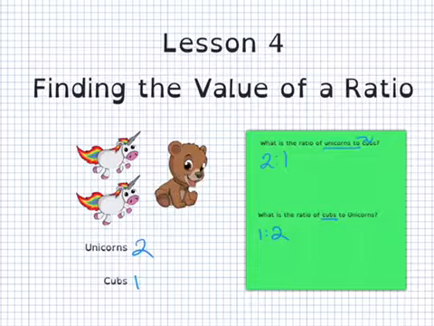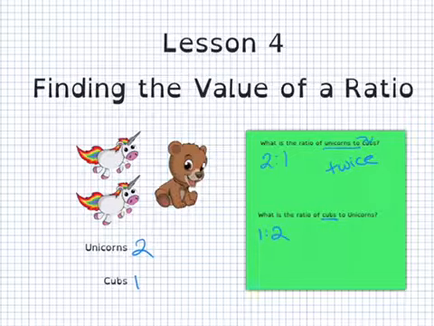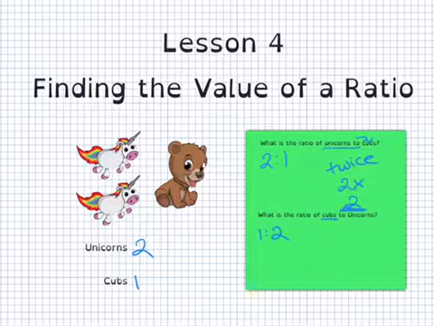Many of you might say I have twice as many unicorns as I do cubs, with a ratio of 2 to 1. Another way of thinking of that is that you have 2 times that amount. So you have 2 times the number of unicorns to the number of cubs. So the value of this ratio is going to be 2, because there are 2 times as many.